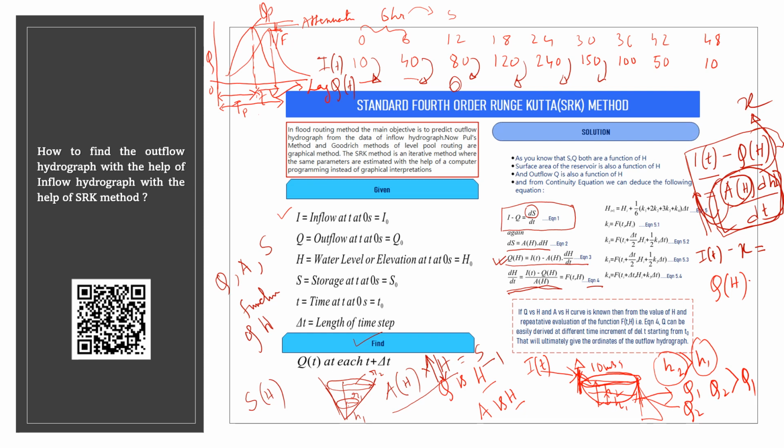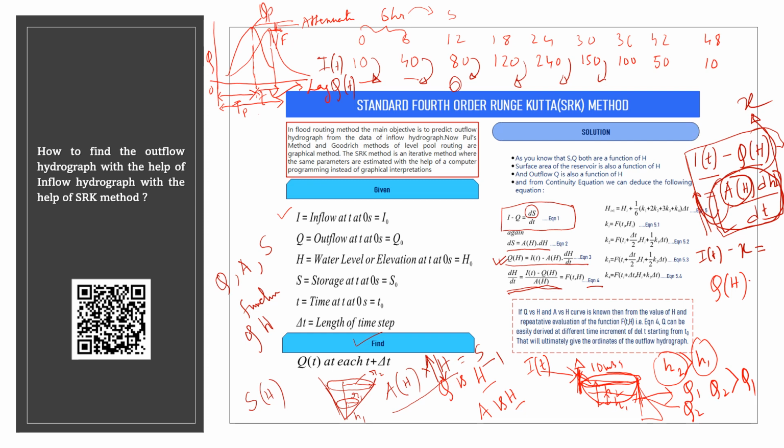So basically this will give you a function which depends upon the time and elevation of the water in the reservoir. Is it so? The inflow is a function of time, the outflow discharge is a function of elevation, and so is your area, that is also a function of elevation. This will be equal to the change in the elevation with respect to time.